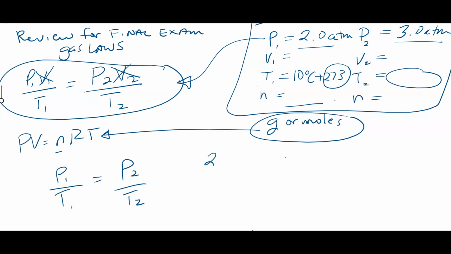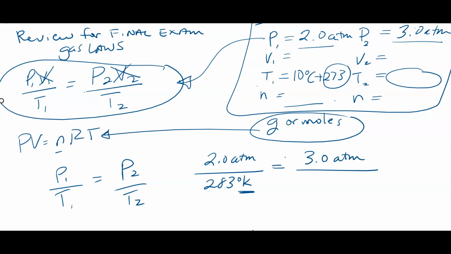So they started with 2 atmospheres for pressure. They started with 10 plus 273 is 283 degrees K. Has to be K. This is where people mess up. You can't have Celsius in this formula, though. It doesn't work out, right? And they're changing to 3 atmospheres pressure. This is my unknown. This is my X.